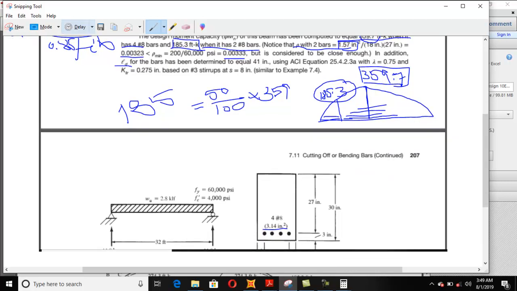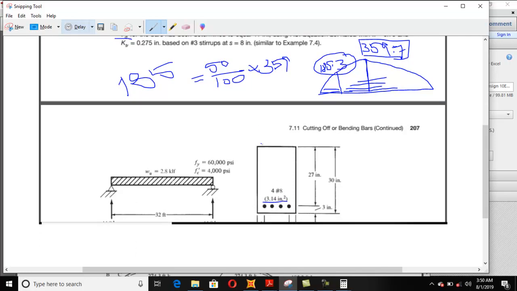This example is solved in the same McCormac book. If you recap your lecture 4 and lecture 5, I did this example, but in that case the bars are top reinforcement. That is, the reinforcement is top reinforcement.